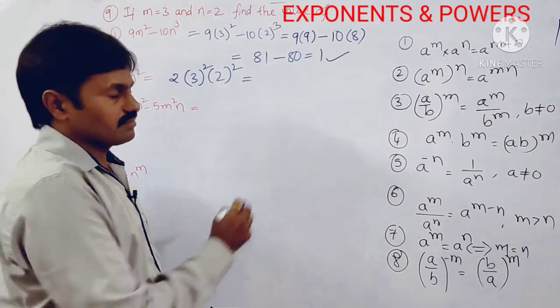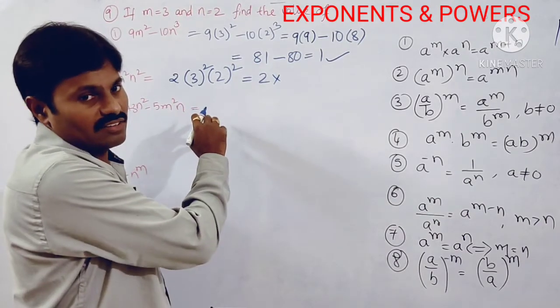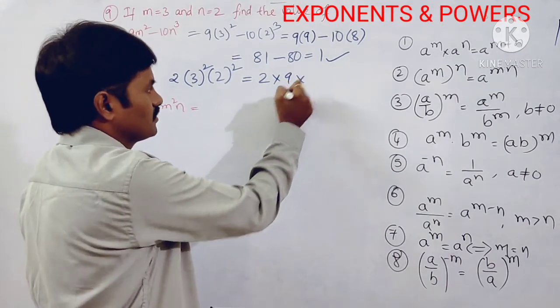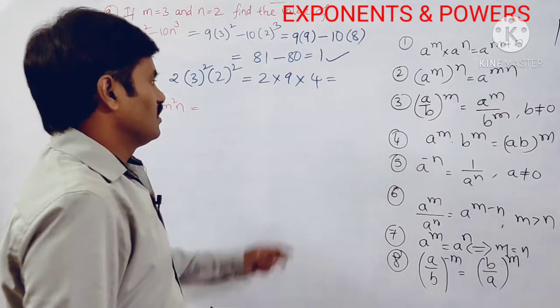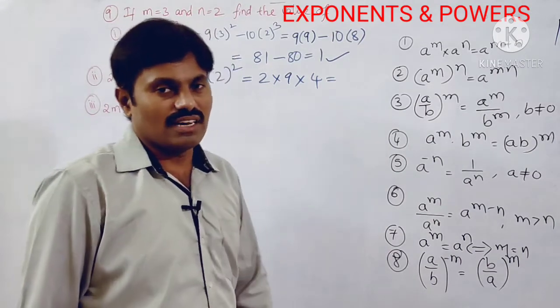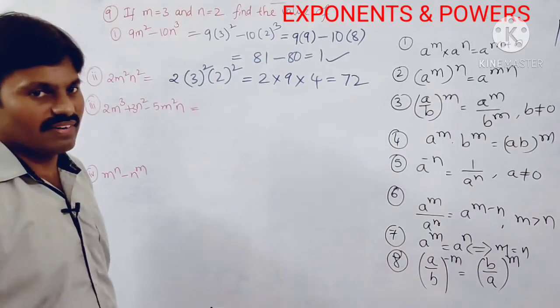Now simplification. 2 into 3 square: 3 into 3 is 9, and 2 square is 2 into 2, 4. So how much? 2 nines are 18, 18 fours are 72. So we got 2m square n square value 72.